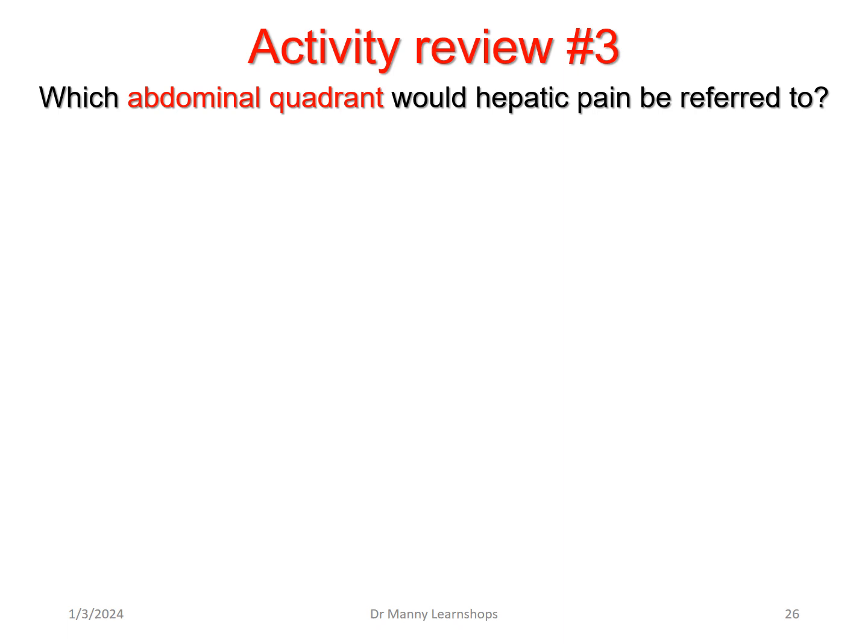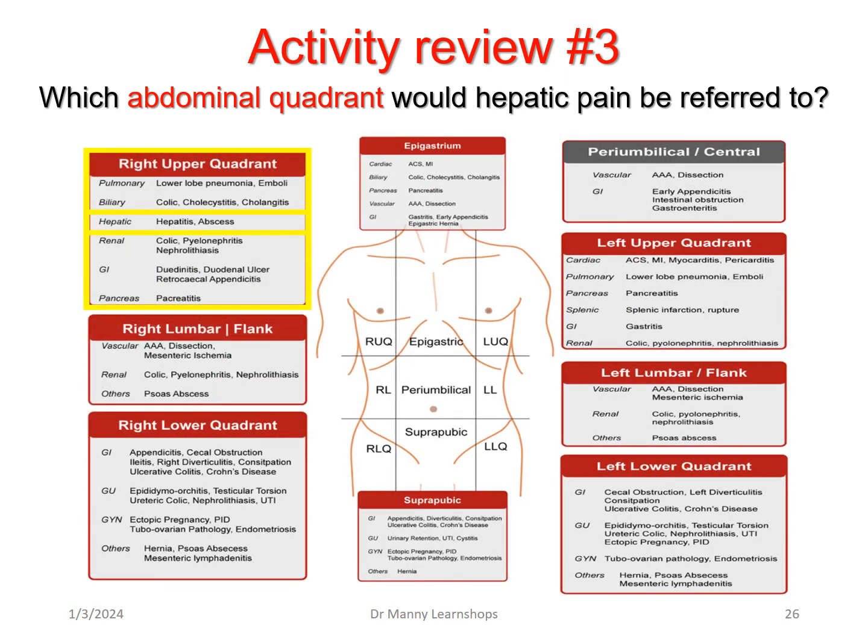Which abdominal quadrant would hepatic pain be referred to? Which quadrant? Well, the liver is located in the right upper quadrant, so it could be referred to that area. Or you could say the right hypochondriac region.